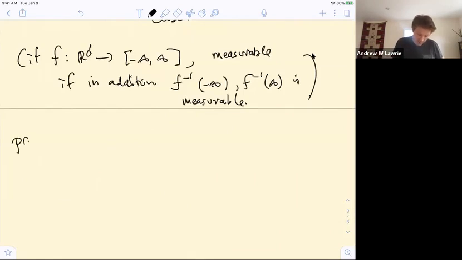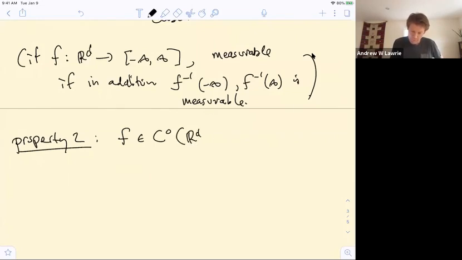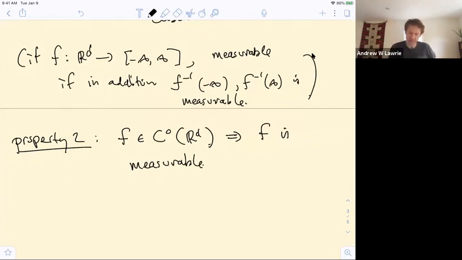So property 2: continuous functions are measurable. So if f is continuous, then f is measurable. So we're not creating some crazy new class of functions that doesn't include the continuous functions.